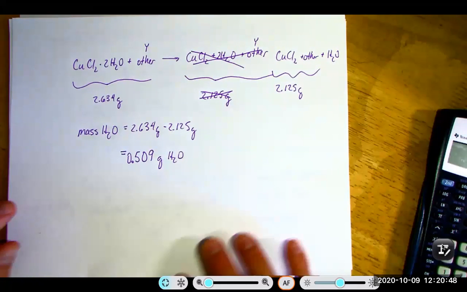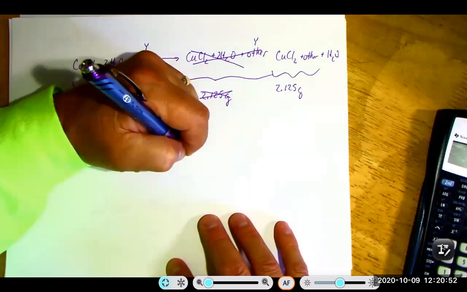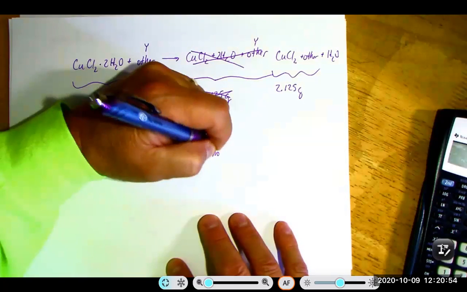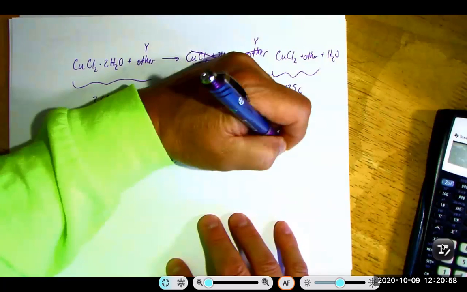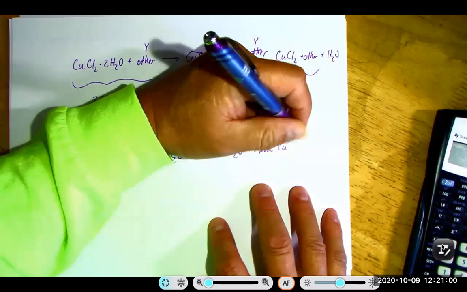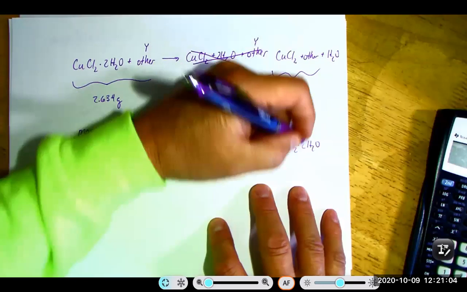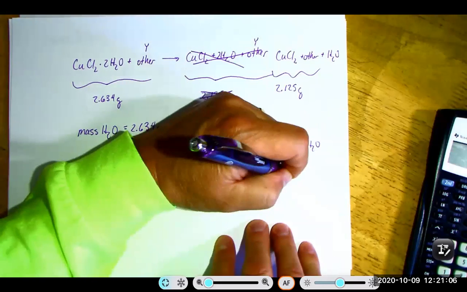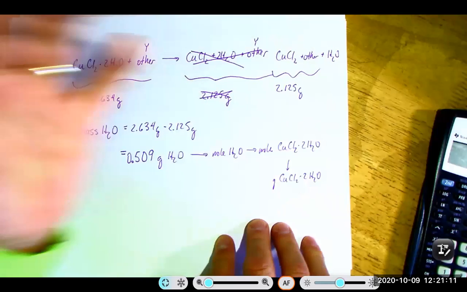And what we're going to do with this is we're going to take that and turn that into moles of H2O. And then we're going to turn this into moles of copper 2 chloride dihydrate. And then we'll turn it into grams of copper 2 chloride dihydrate. And then we'll finally be able to solve the problem. So here's what that looks like.